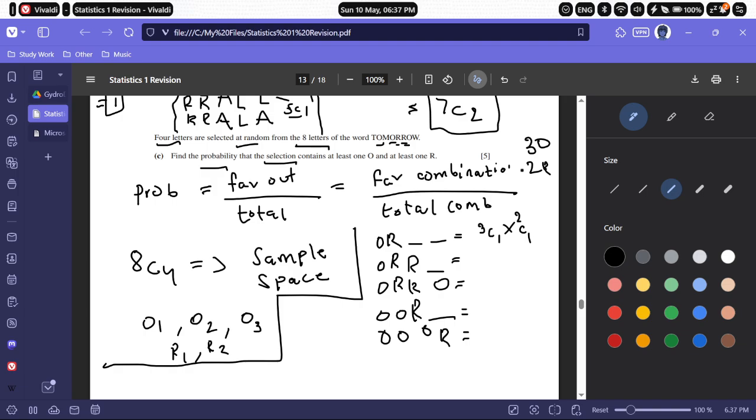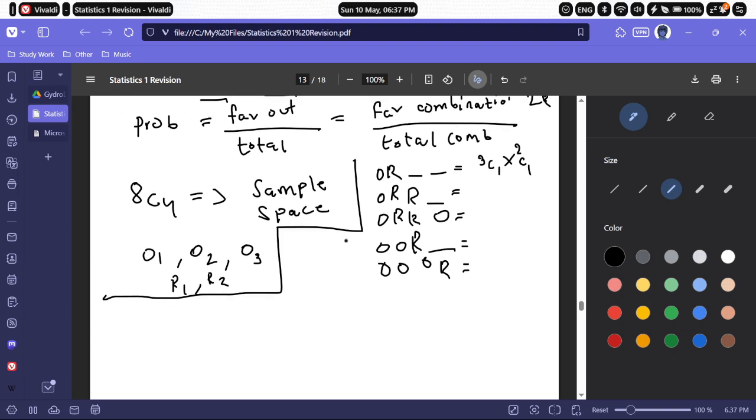Now in this, you cannot use 6C2. That is a good question actually. Let me try explaining why that happens. If you have OR dash dash, this basically satisfies your condition.